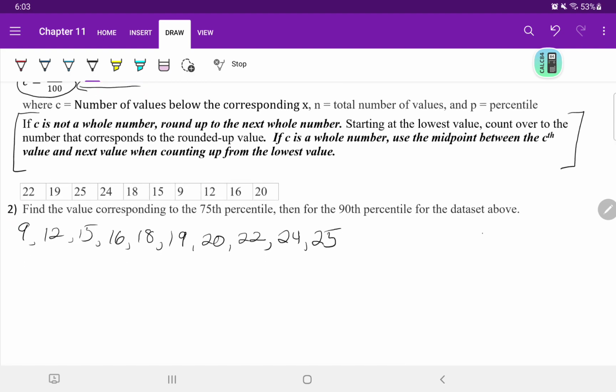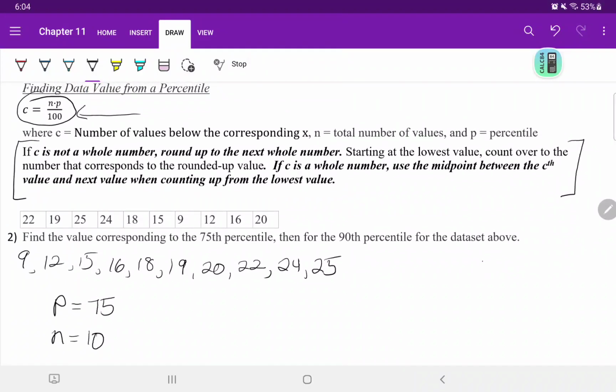For the 75th percentile, we know that P equals 75 because P represents the percentile. In this data set, we have 10 numbers. So let's plug that into the formula to find which data value corresponds to the 75th percentile.